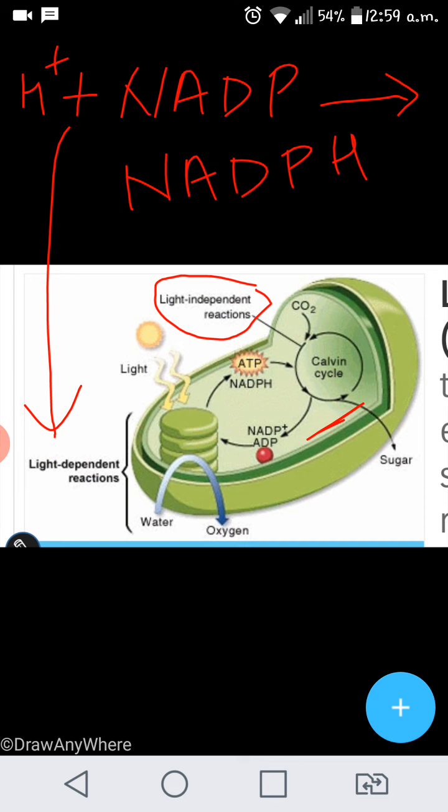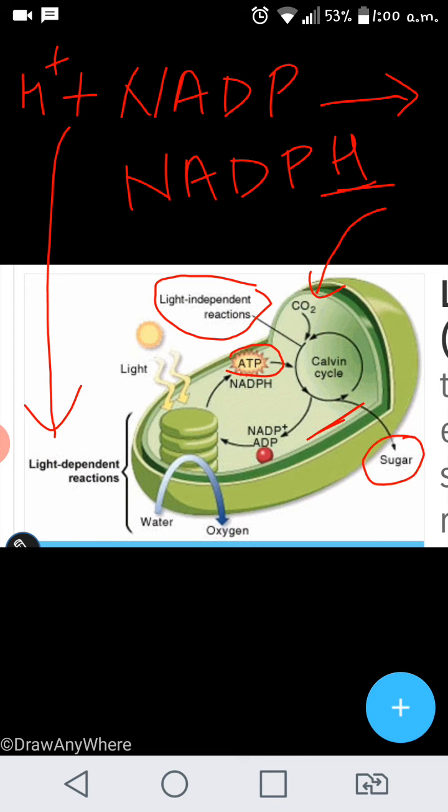Now the hydrogen of NADPH will combine with the carbon dioxide with the help of ATP. ATP is going to provide energy. ATP is nothing but what? Adenosine triphosphate. So the hydrogen of NADPH combines with the carbon dioxide with the help of ATP, and finally it forms what?